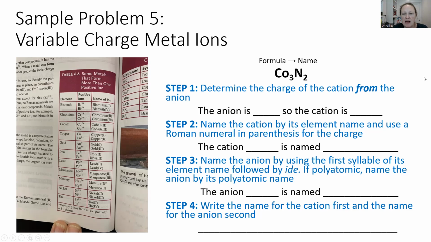Right? So once we determine that, we can figure out the name of the cation, the name of the anion, and then put those 2 together to come up with the final name. And don't forget those Roman numerals, right, and parentheses, since cobalt is a variable charge metal ion.